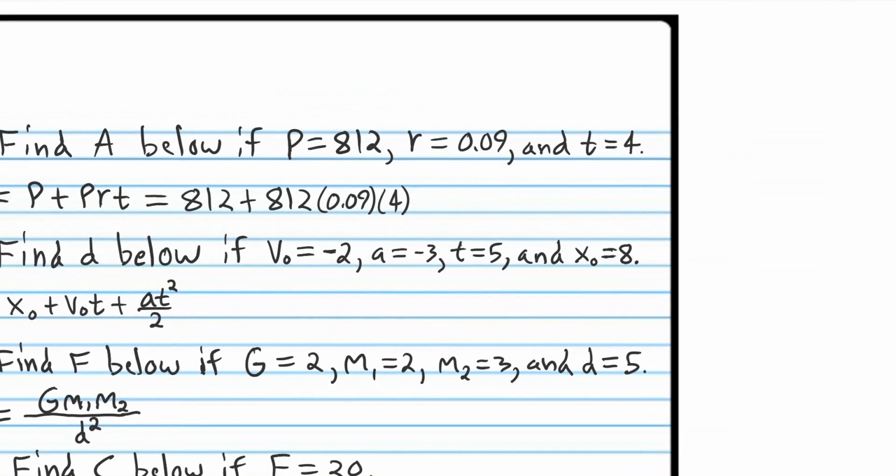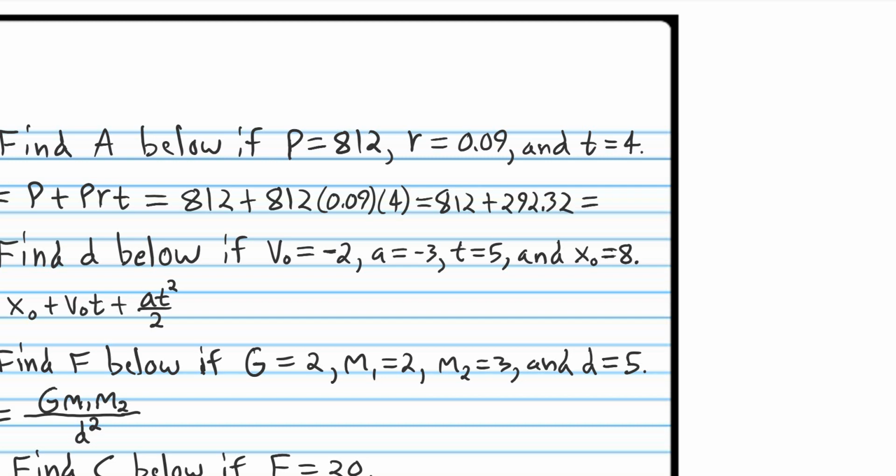So I'm going to do all of this multiplication at once because we don't really have a lot of room here. And you can use your calculator on that. 812 times 0.09 equals, and then multiply that by 4, and you get 292.32. So we just rewrite the 812 and plus 292.32.